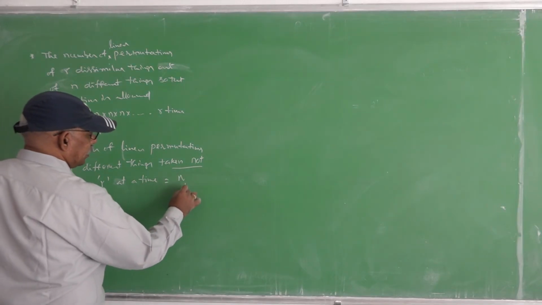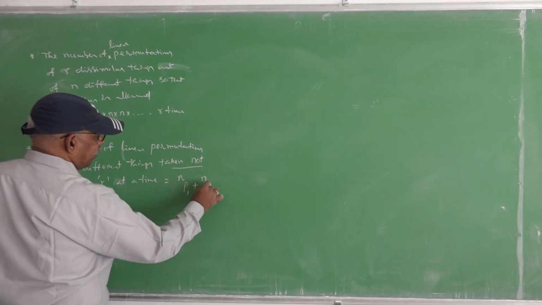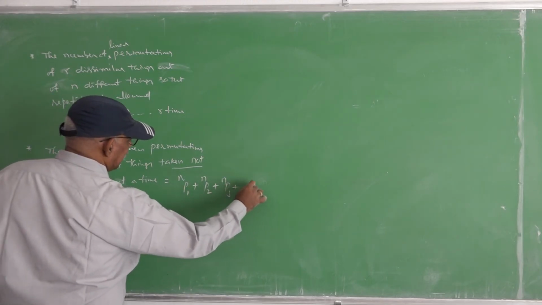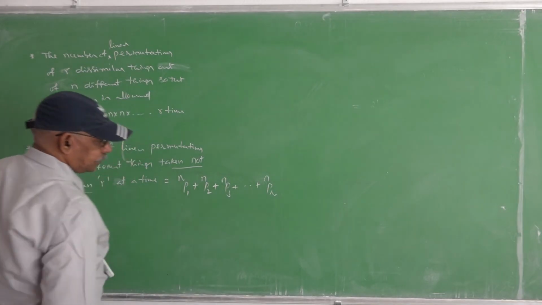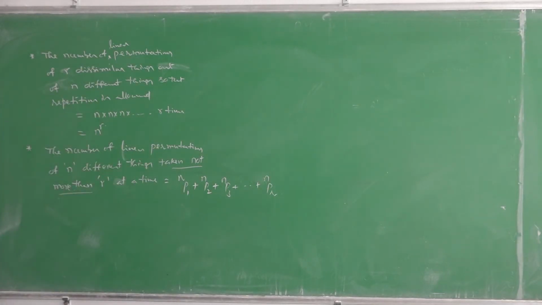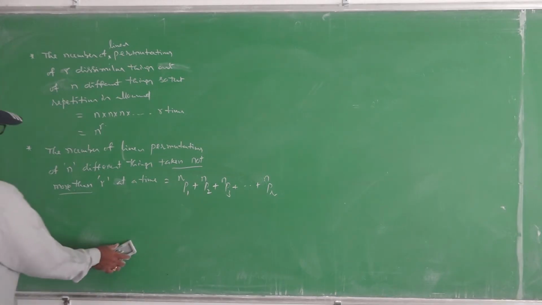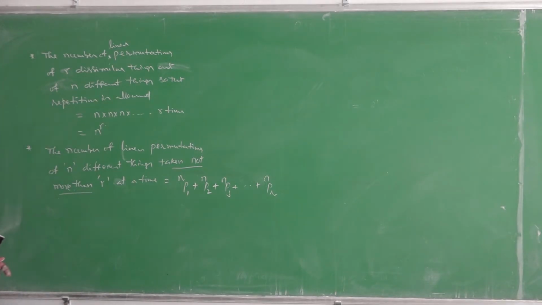So that is nP1 or nP2 or nP3, like that you can arrange r things in a row if no repetition is allowed. The number of permutations of n different things taken not more than r at a time is nP1 plus nP2 plus nP3 and so on, up to nPr itself.